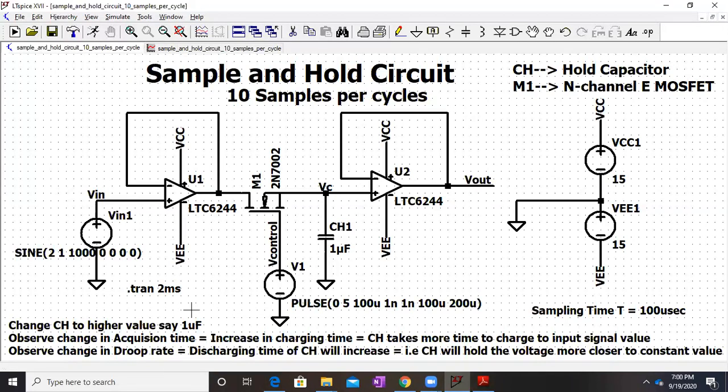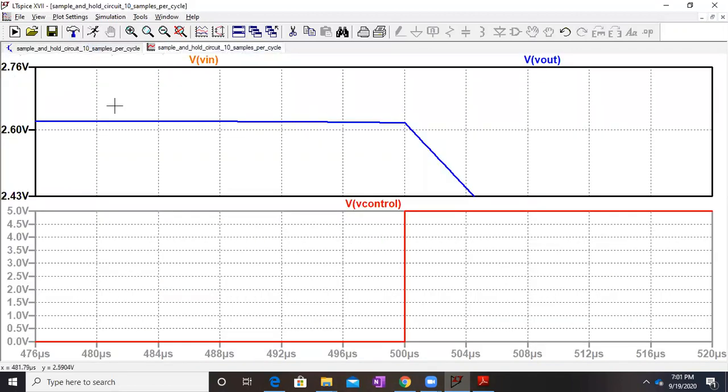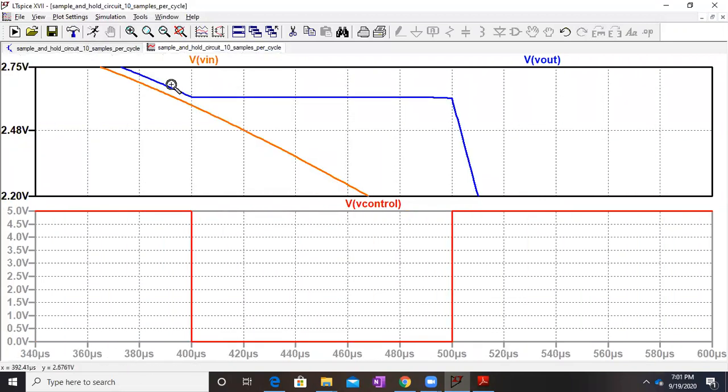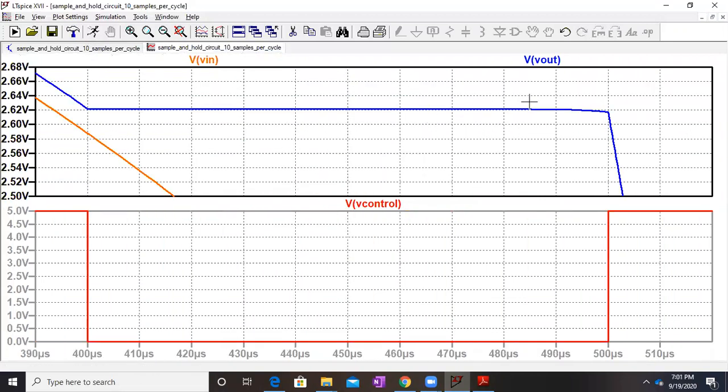And for the droop rate, the discharging time constant will increase. That's good news, because the capacitor will hold the voltage closer to a constant value. You can see over here, comparatively, the voltage is a little better than last time. Last time the voltage was drooping a little, but here it is almost the same value.